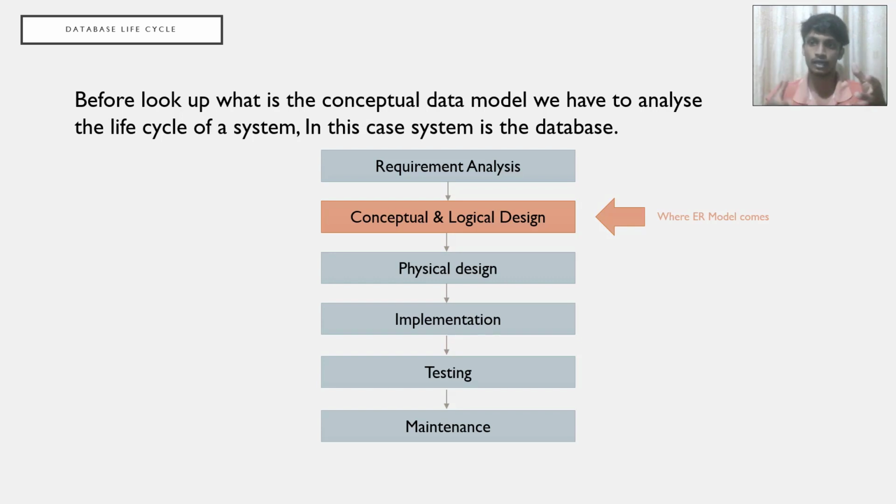Then you have to give some map, or blueprint, or workflow of that database. If you are familiar with programming, you may have learned flowcharts. A flowchart is basically a blueprint for a particular program. It shows how it works.